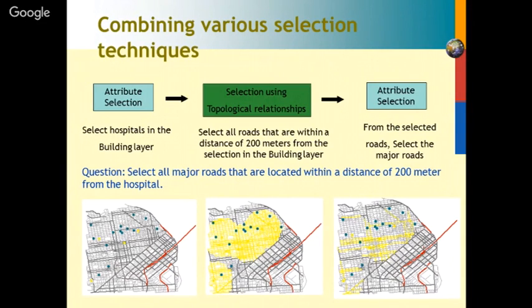This is just an example where we select all the hospitals from a building layer. It means we have multiple layers of features present. Now we do a simple attribute query of type hospitals, and that gets selected. Based on that, again, we need to find out the distances.